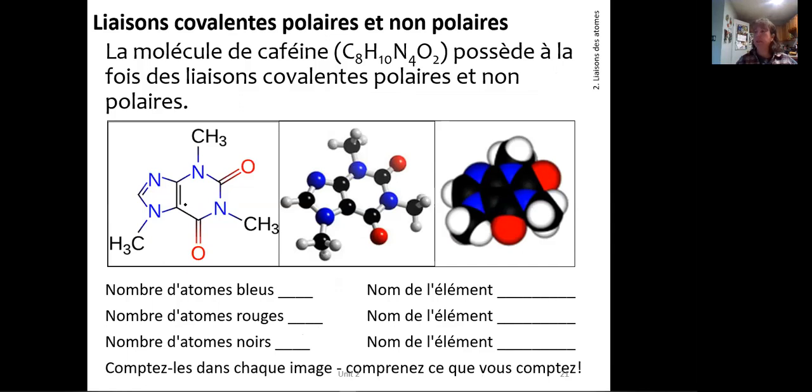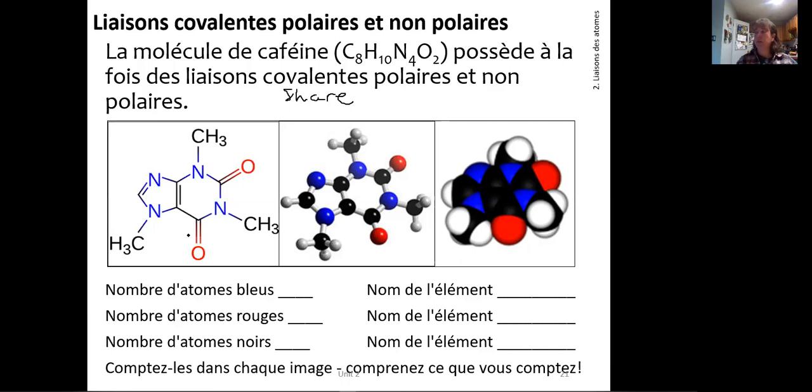Here is a molecule that has both polar and non-polar covalent bonds. Remember, covalent means share. This shows me that caffeine, the stuff that we find in coffee and chocolate and tea, has 4 nitrogens.